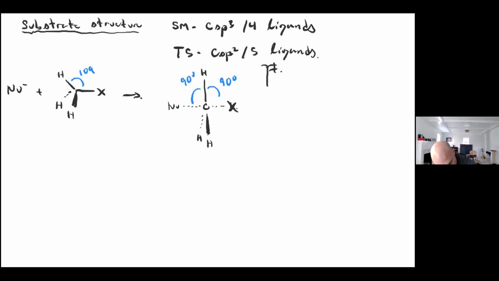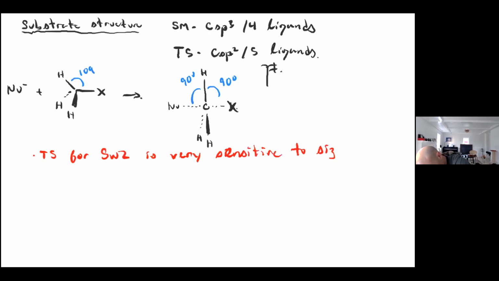Okay, so the transition state for SN2 is very sensitive to the size of the groups on the reacting carbon.